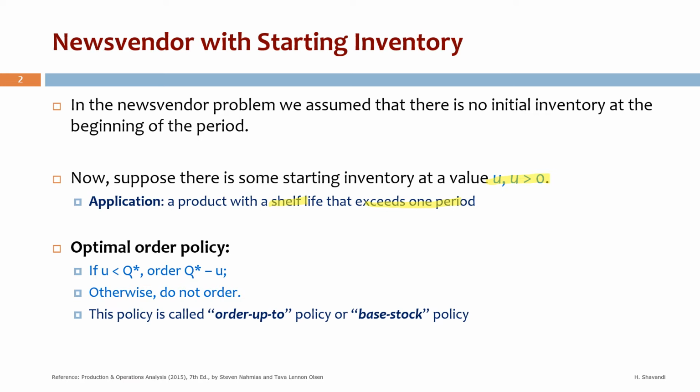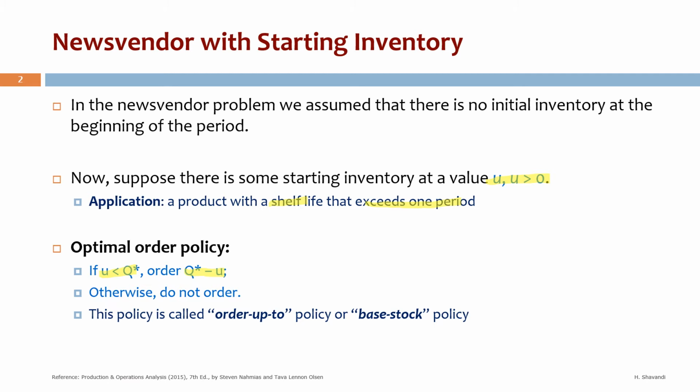We ignore the U at first, and we will obtain the Q star by assuming that there is no initial inventory. Now we have the Q star. If U is less than Q star, then we will order Q star minus U in order to have Q star in total at the beginning of the period.